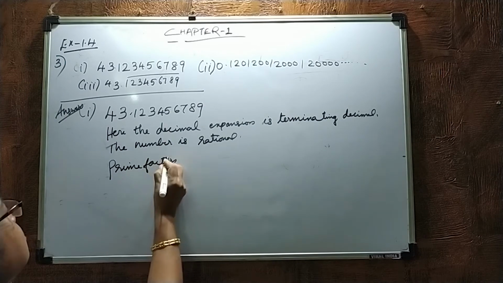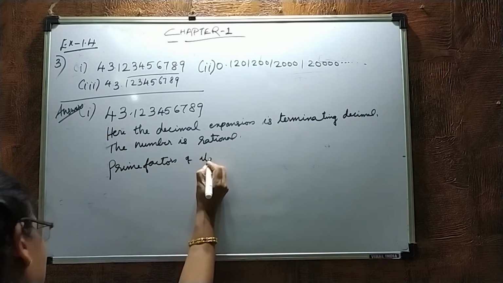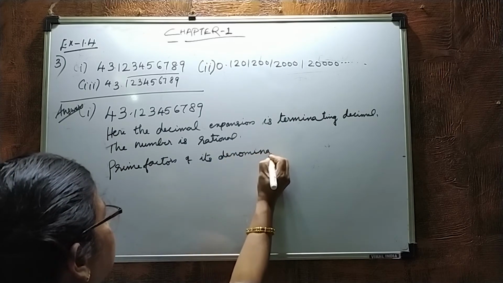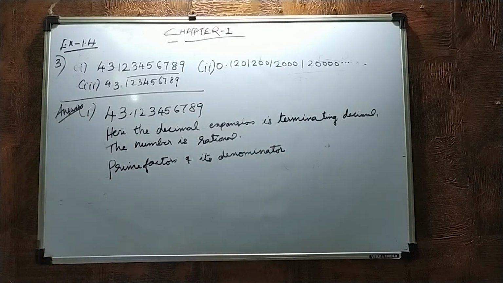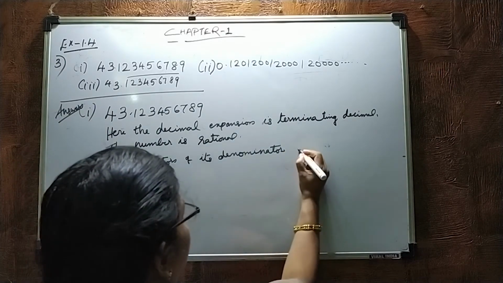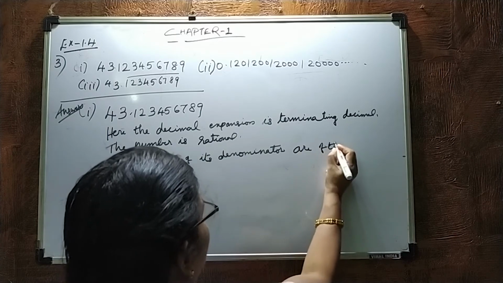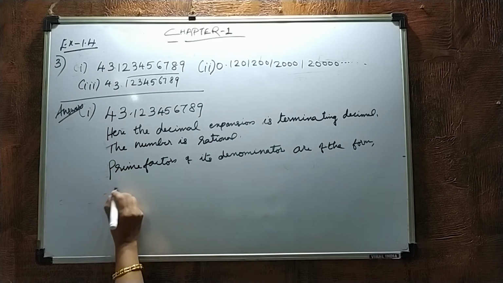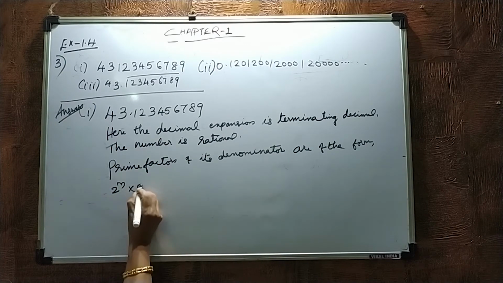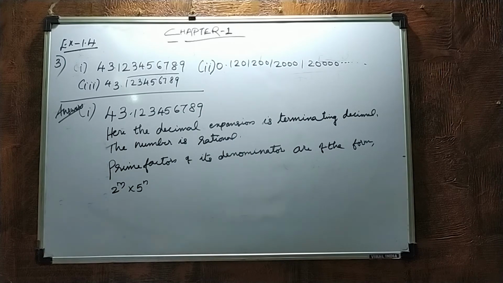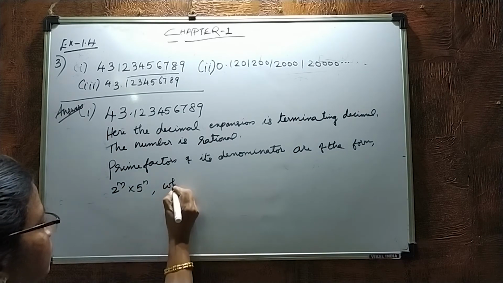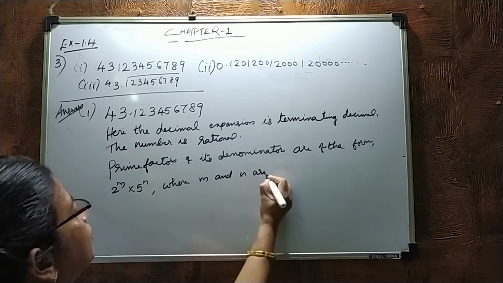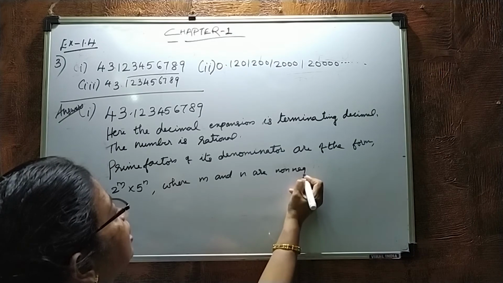Prime factors of its denominator are of the form 2 raised to m into 5 raised to n, where m and n are non-negative integers.